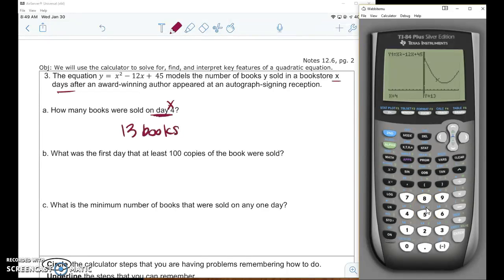What was the first day that at least 100 copies of the books were sold? This is y equals 100, so I'm going to go back to y equals and change it to y equals 100, which means I need to change my window so that I can see above y equals 100.